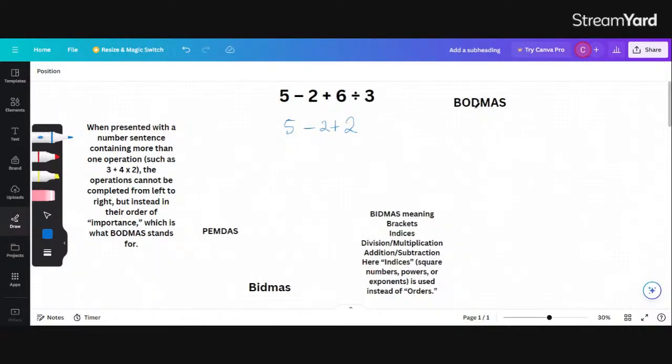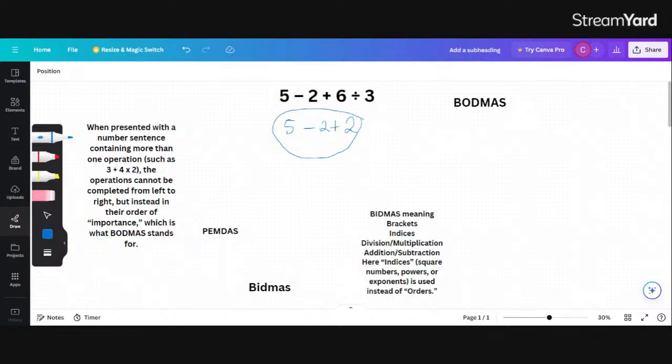Remember, we have to treat division first. After that we go for multiplication, addition, and subtraction. When you have a look here, you can see that we have subtraction and addition.